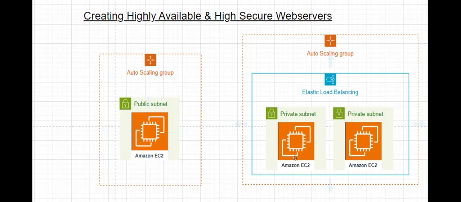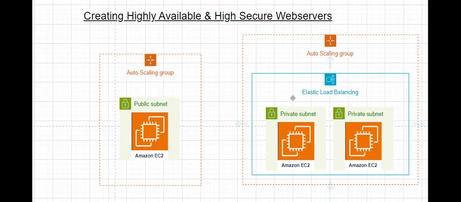To route the traffic between these two servers, I'm using an Elastic Load Balancer. Then I'm providing the Elastic Load Balancer's DNS to my clients, through which they can access these two servers.